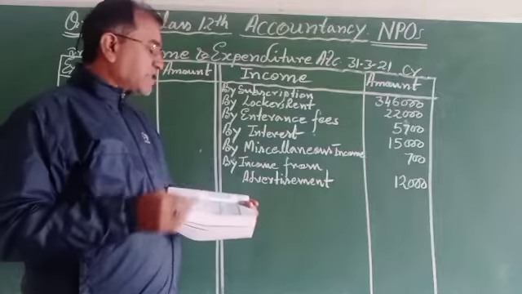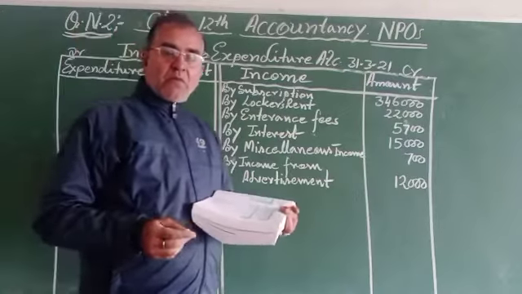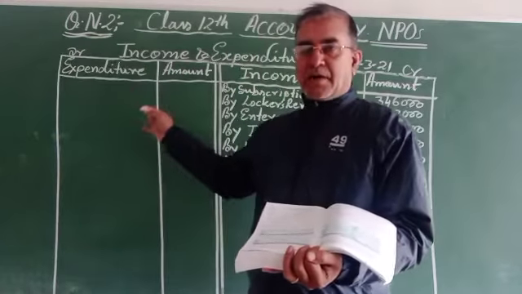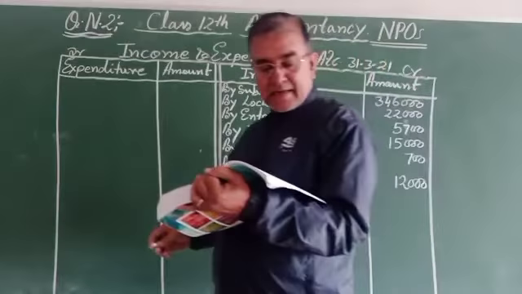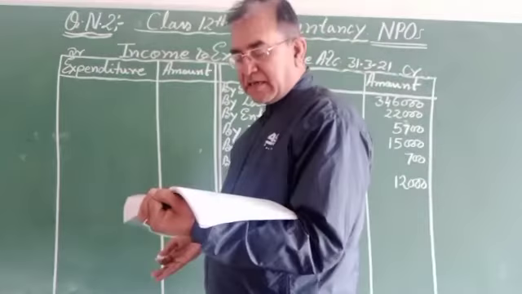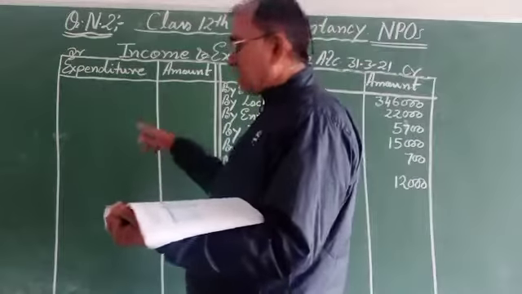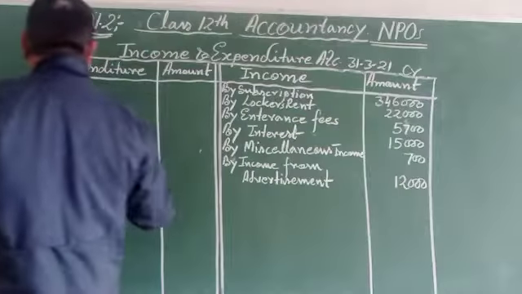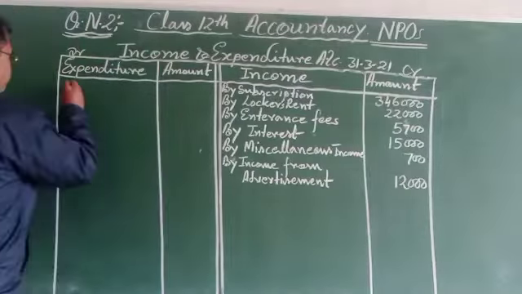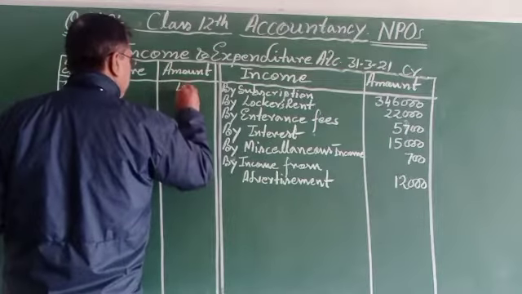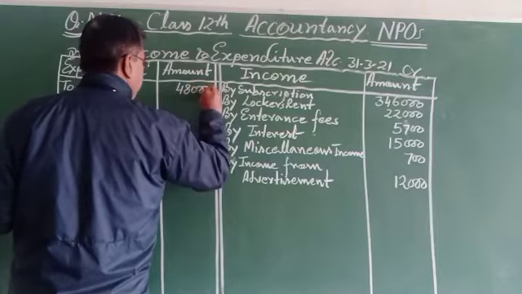Now we have to come to the expenditure column, the payment column. Whatever the revenue expenditure, we have to record in the debit column of the expenditure. We can see rent, whatever rent was paid by the organization for the particular year. So to rent, 48,000.